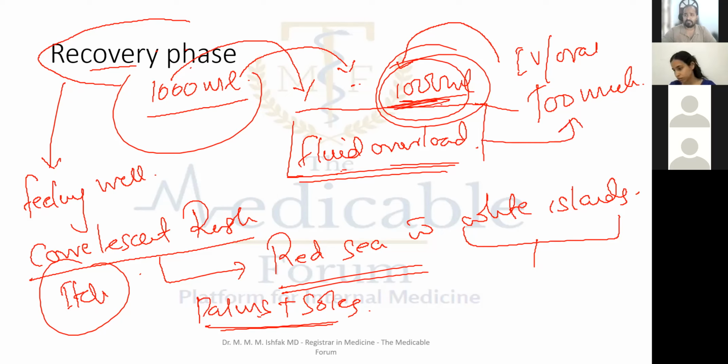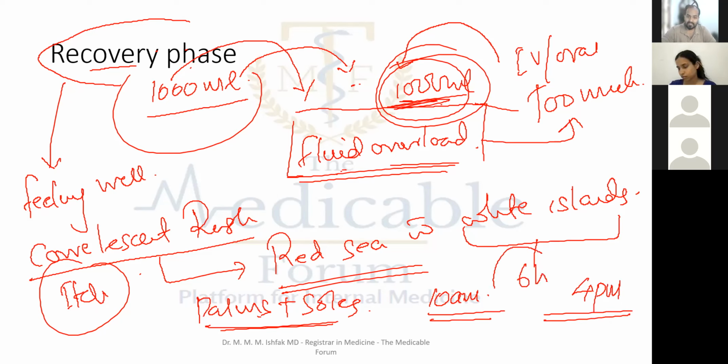Now fluid overload can happen due to one thing which I have been telling you, over enthusiastic fluid prescription. The next thing is wrong timing of your critical phase. Let's say you have to start your critical phase at 10 a.m., but you missed it. You started it at 4 p.m. So how many hours? 4, 5, 6, almost. There is a 6-hour delay in starting the critical phase.